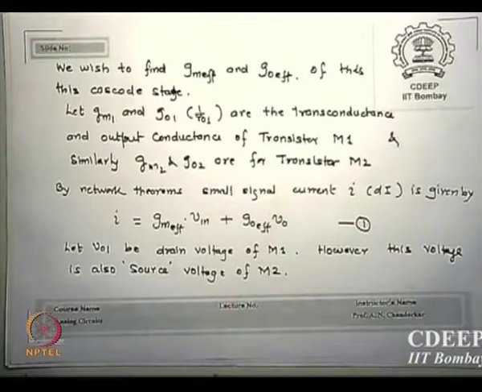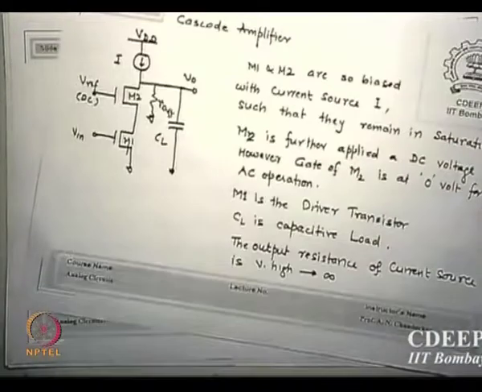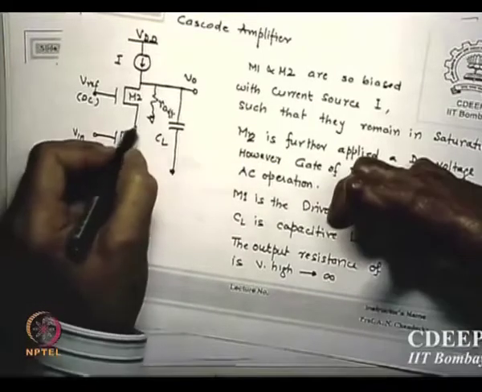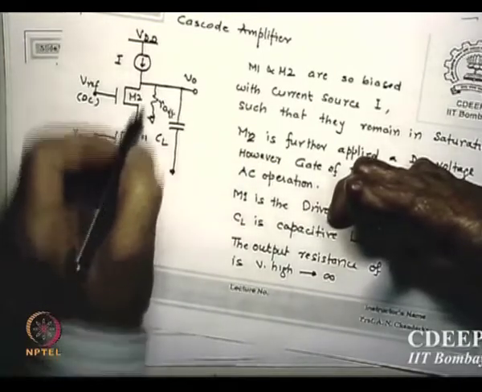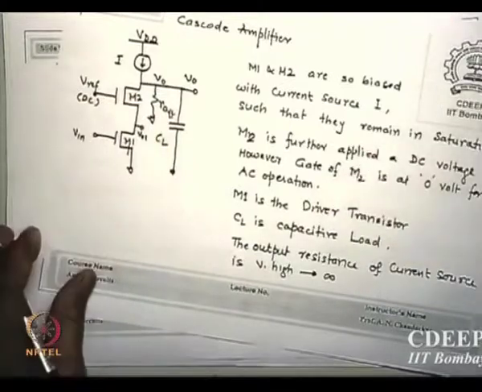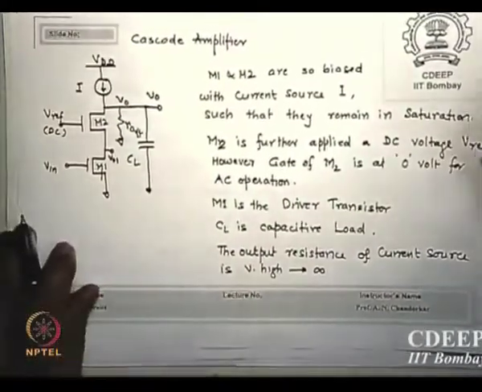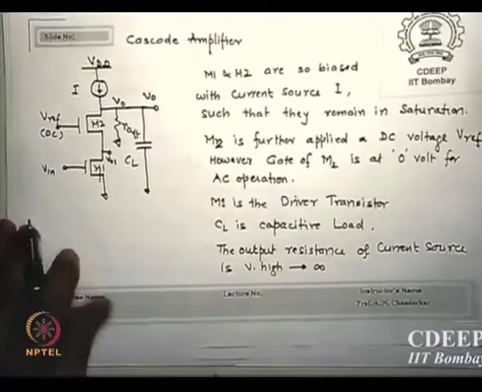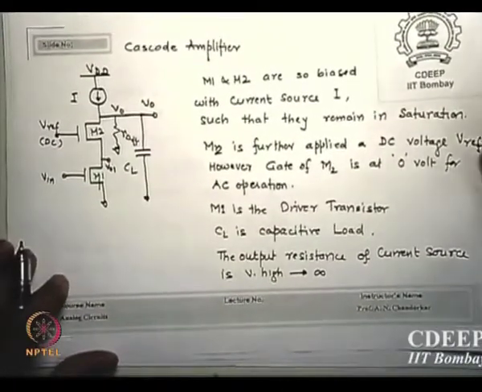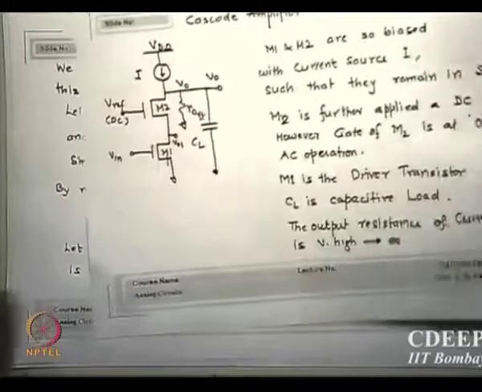Now in this figure, I call this voltage VO1. This of course I still call VO. The drain voltage of M1 we define as output 1, VO1. Is that okay? Definition, nothing great about it.